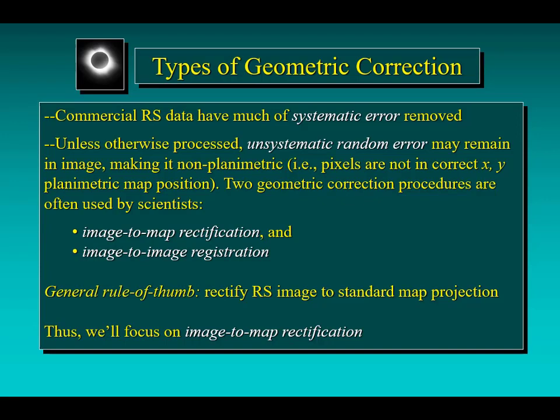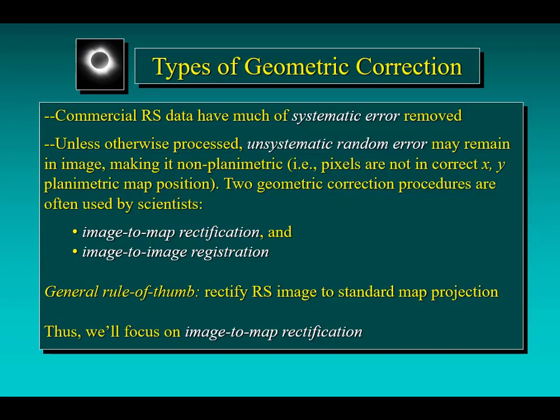Sometimes one can specify and download, again from a free government source, image data that have been further processed to remove these unsystematic random errors, or one could potentially pay a little bit more money for a commercial remote sensing image that has also been further processed to remove some of these unsystematic errors.